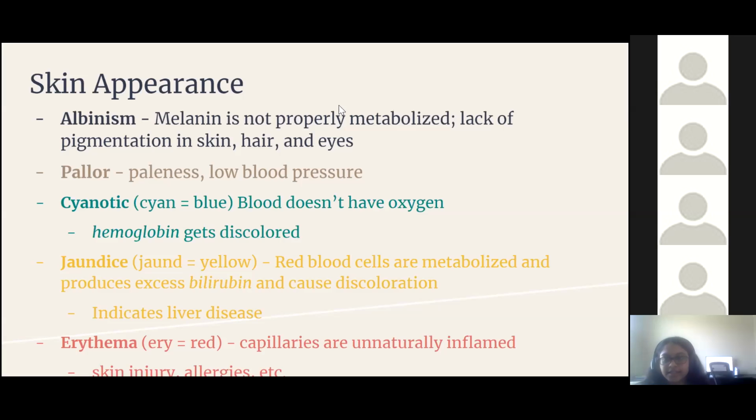Bilirubin has a yellow appearance, and sometimes there's too much of it, and it goes into your blood and then into your skin. Whenever this happens, it generally means that you have some sort of liver disease. The question was, what's the protein that red blood cells have?